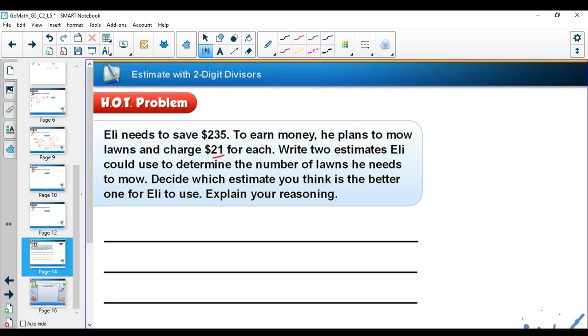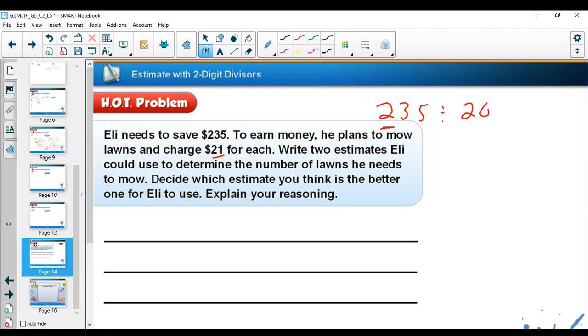So for 21, my divisor, I'm going to use the number 20. So I have 235 divided by 20. Well, 235 is not the same as 20. Now, I could just focus on the 2, nothing wrong with that at all.